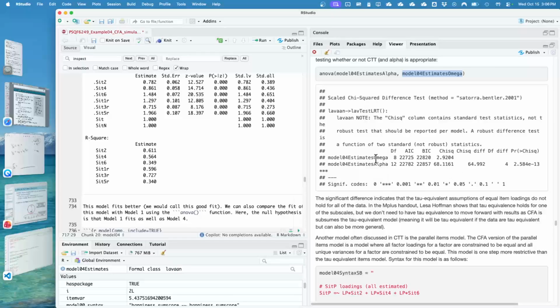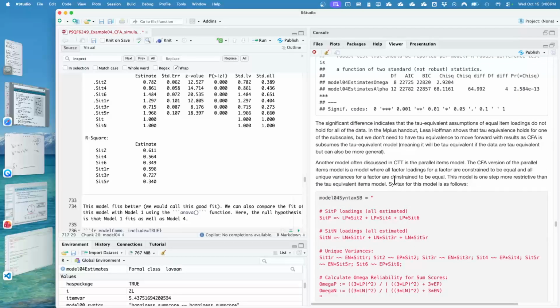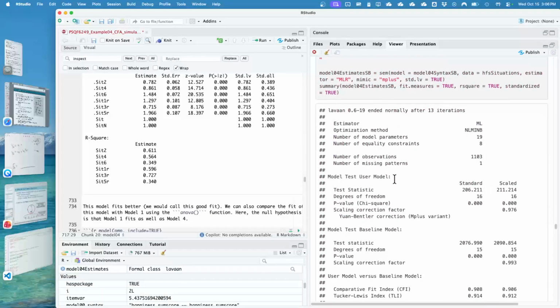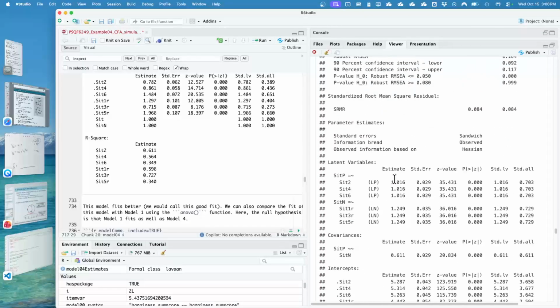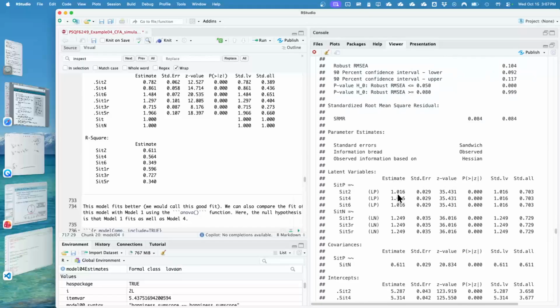And in this case, a likelihood ratio test is conducted. The null hypothesis is the model with fewer parameters holds, and we reject that null hypothesis. So basically, we should not constrain those loadings to be the same. Technically, classical test theory is the Spearman-Brown, the parallel items, where all the loadings and the unique variances are equal.